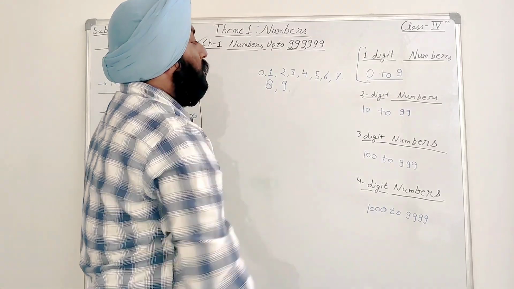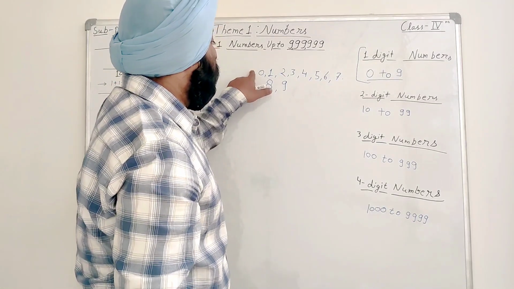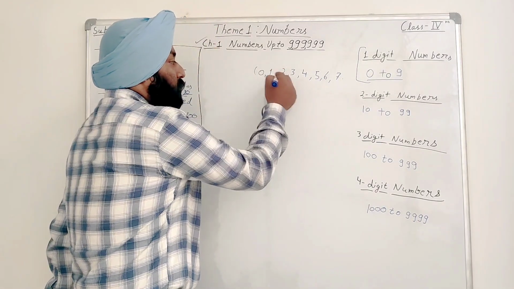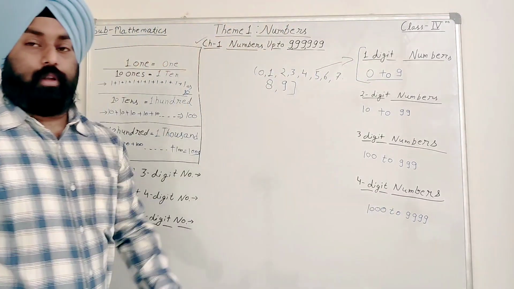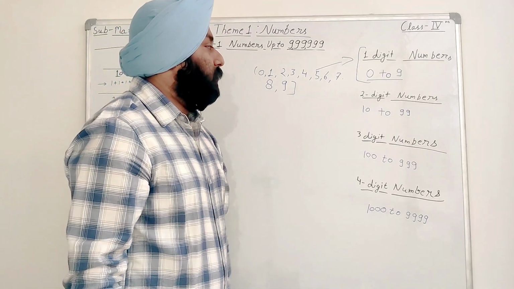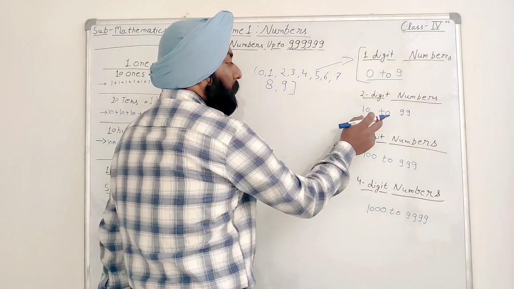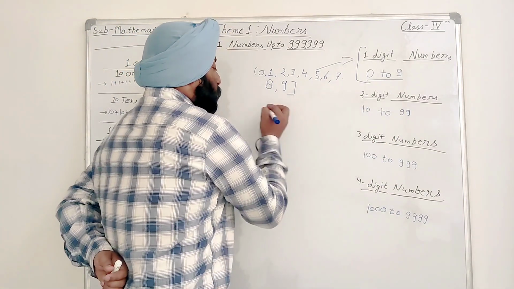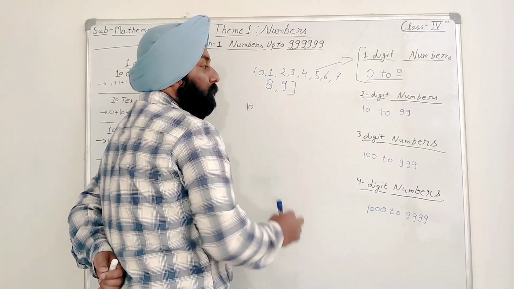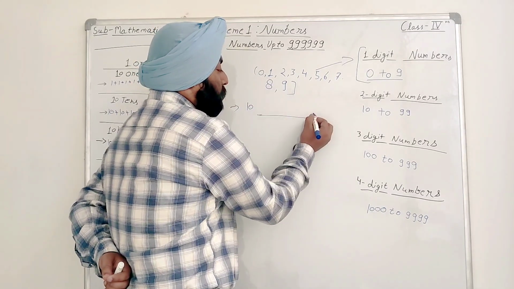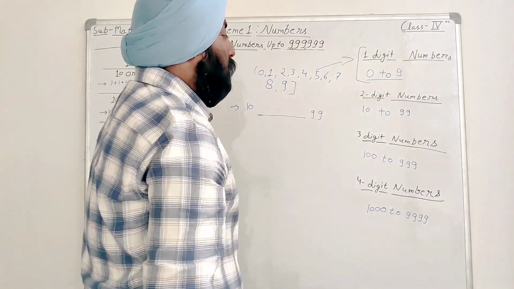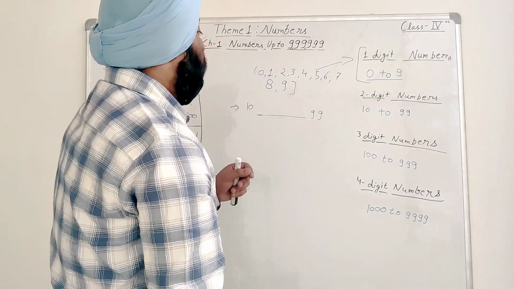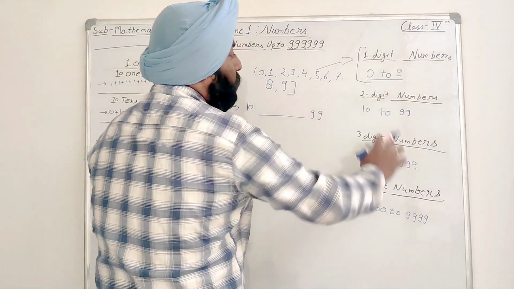So up to 9, all the numbers 0 to 9 come in our one digit numbers. Then afterwards, two digit numbers. Two digit numbers start from 10 and go up to 99.